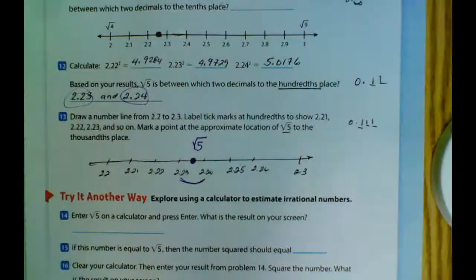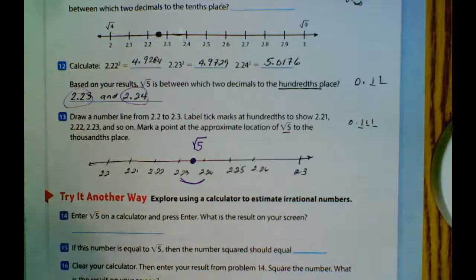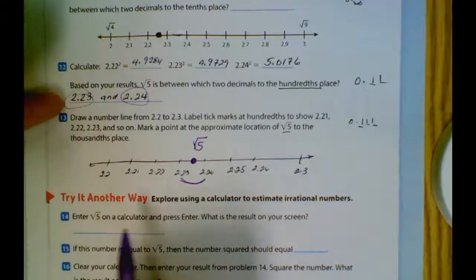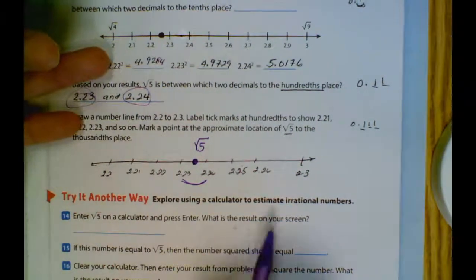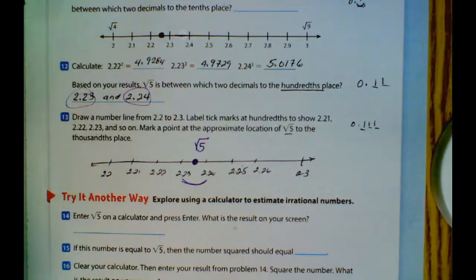Knowing that information, we move to try another way. And I'm going to use my calculator in this case. So I have in this problem, I'm going to use this one. It says, enter a square root of 5 on a calculator and press enter. What is the result on your screen? So in this case, I'll show your screen.